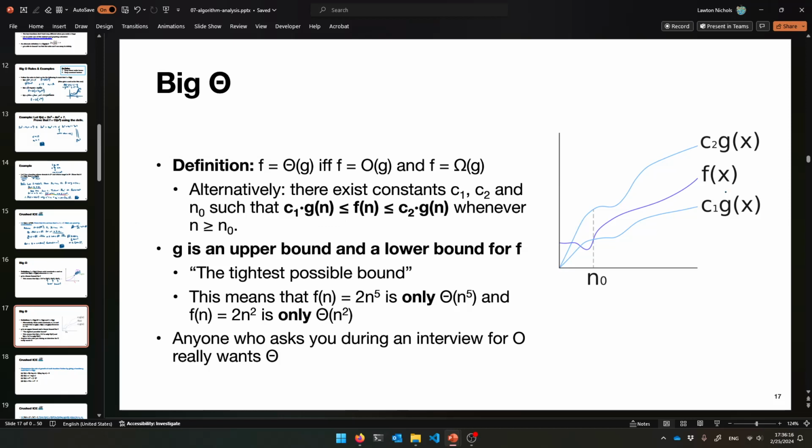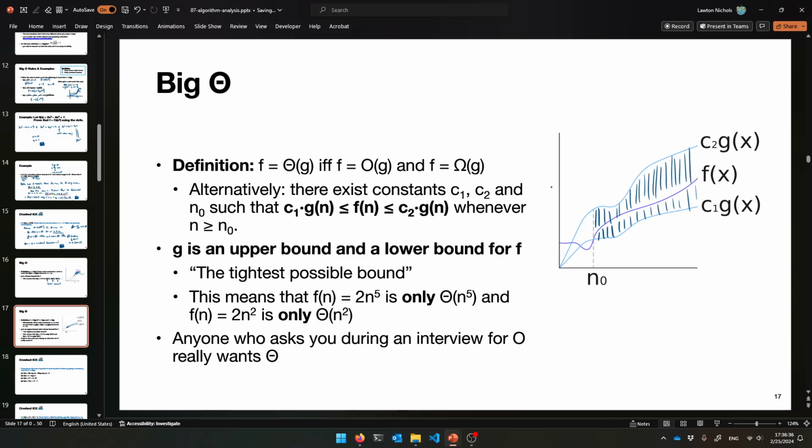Same function g, two different constants. They're sandwiching the f. C1 times g becomes, after n naught, you find a good n naught, a lower bound. And then after n naught as well, C2 times g becomes an upper bound. That's really cool, but that's essentially what it means.